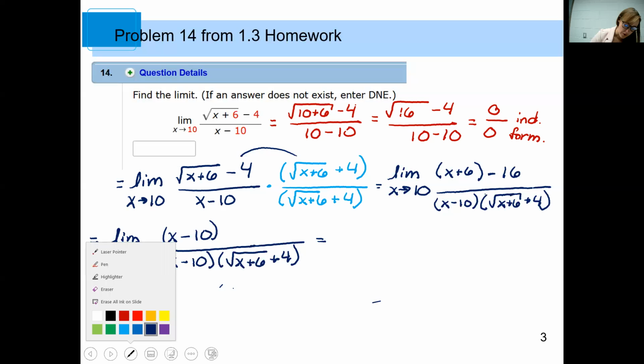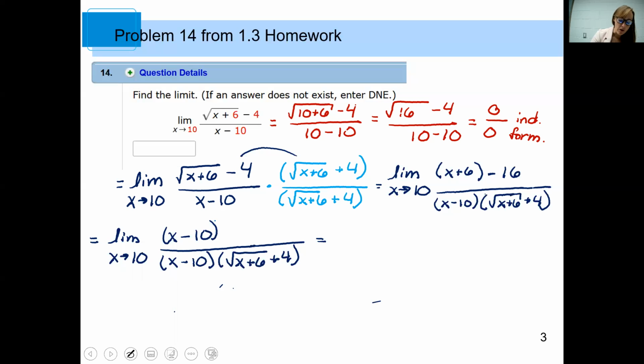So we talked about in the last example, if they agree at all but one point. Here, as long as x does not equal 10, we can cancel out the factors x minus 10, and we can say that this expression agrees with the expression 1 over the quantity square root of x plus 6 plus 4, and then this becomes the limit as x goes to 10.